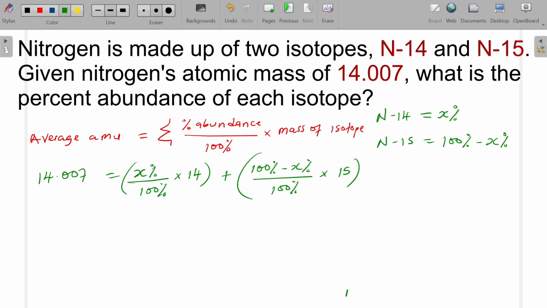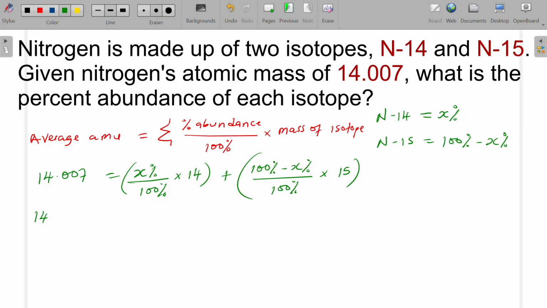So this is what we are going to use, and that's how we replace it. The percentage abundance for the first one is X%. We're dividing it by 100 and multiplying it by its mass. For the second one, we have 100 minus X over 100 multiplied by its mass, which is 15, like that. So we have replaced. All we have to do now is just do the mathematics here.